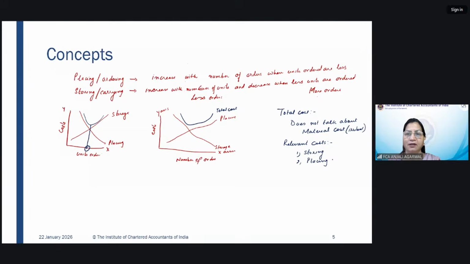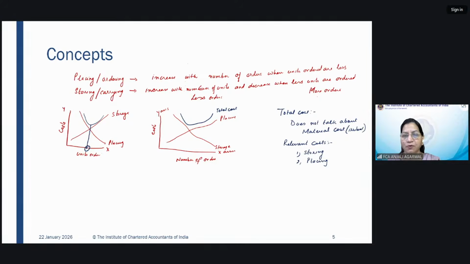So in the end, ultimately you're going to pay 12 lakh rupees to the shopkeeper. The shopkeeper is not saying if you buy 12,000 units altogether, I'll not charge you 100, I'll charge you 98, 97. If he's not giving us any discounts, material cost is not relevant.